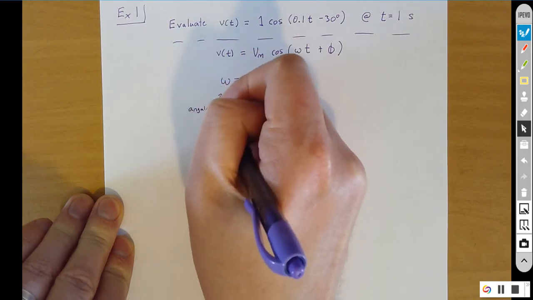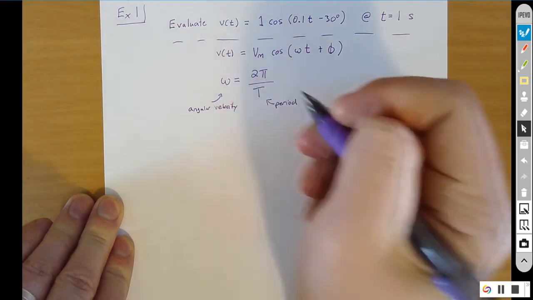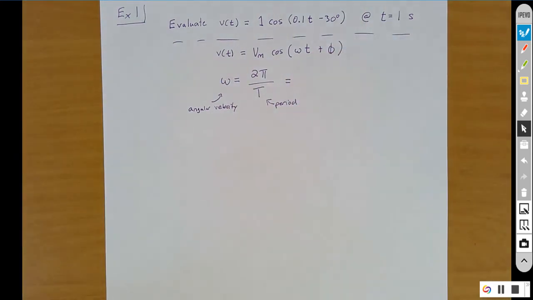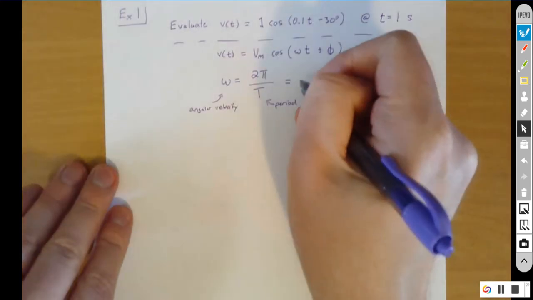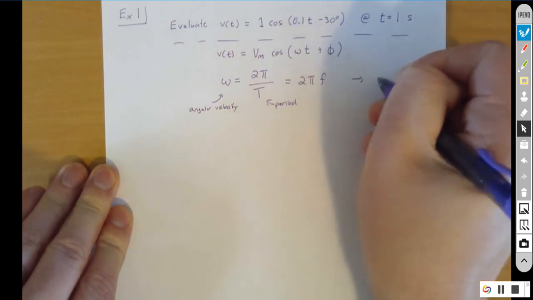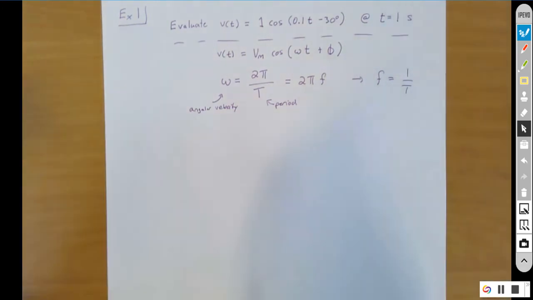This is angular velocity or angular frequency, whatever you want to think of it as. Think of it as how fast the motor's spinning that's producing this AC current. I can also rewrite this as 2 pi times frequency, because frequency is equal to 1 over T. And you can also say T is equal to 1 over frequency.